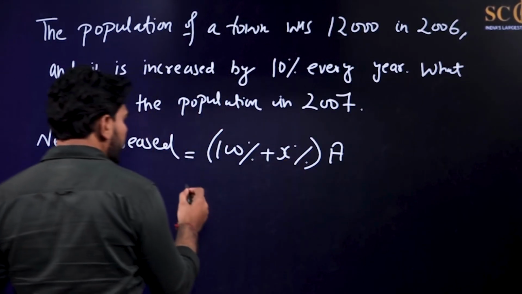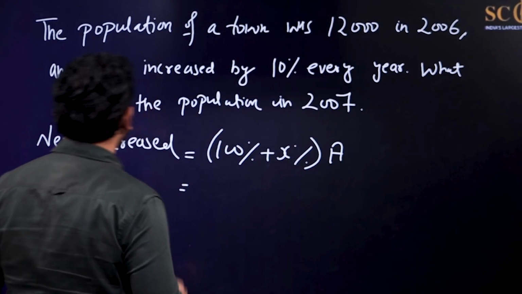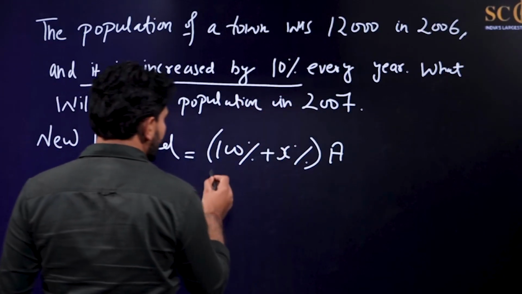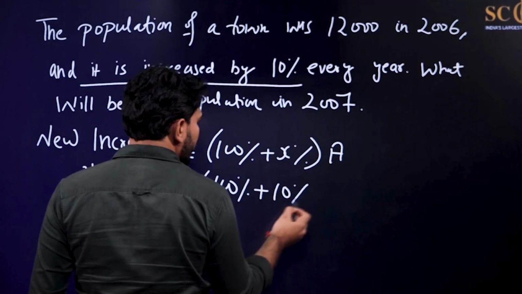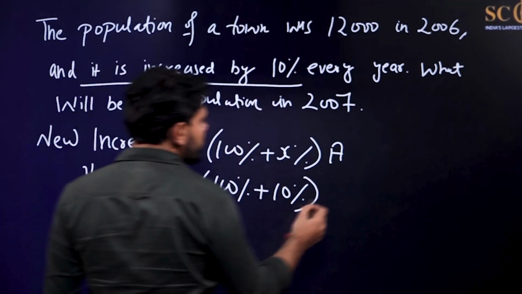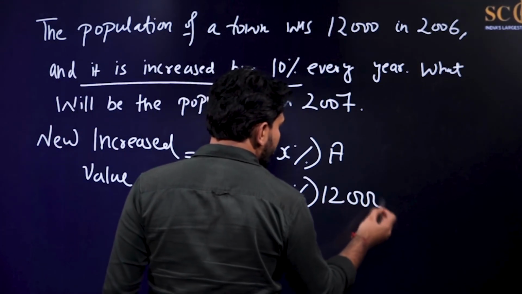I've already told you this. Now in this case, the population is increased by 10%. So you can write 100% plus 10% of the original value, which was 12,000.